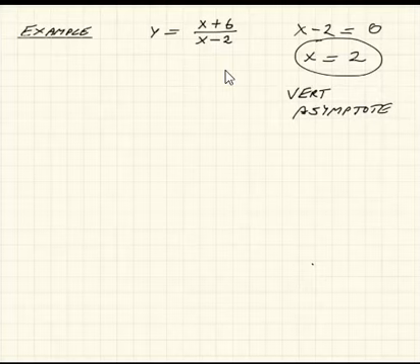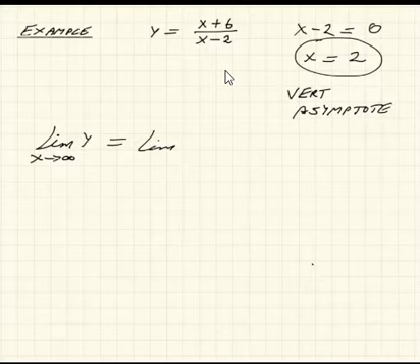Now there can also be horizontal asymptotes, and as you can imagine, if a vertical asymptote is a value of x for which y is undefined, well, horizontal means a value of y for which x is undefined. This basically amounts to getting the limit of y as x goes towards infinity.